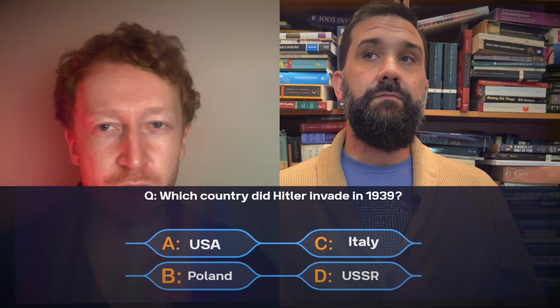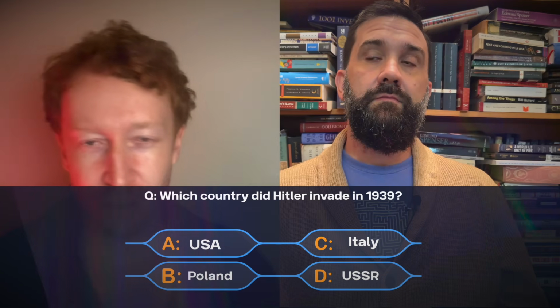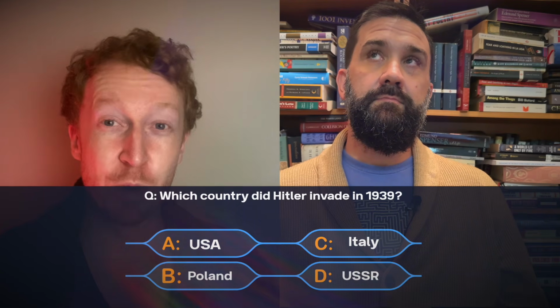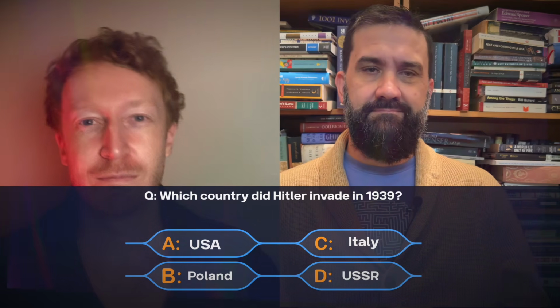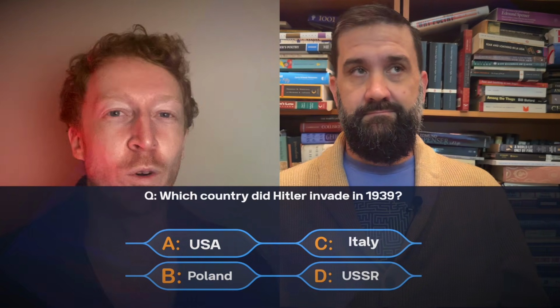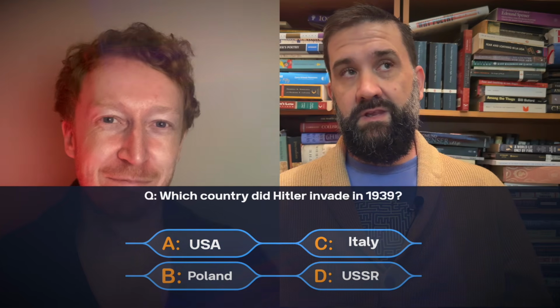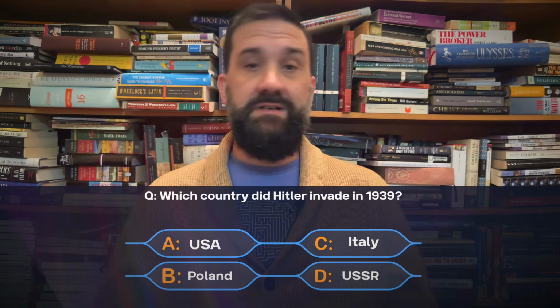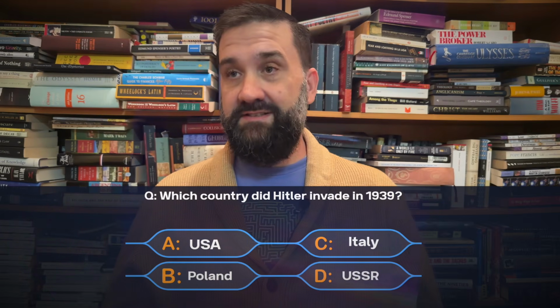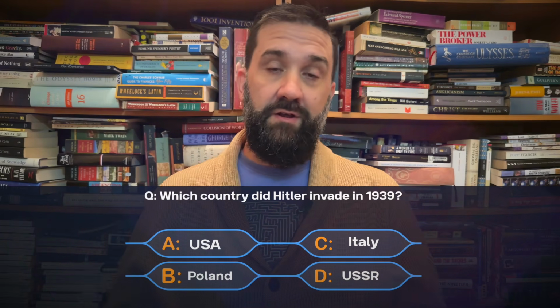So, next question. Which country did Hitler invade in 1939? The USA, Poland, Italy, or the USSR? Hitler did not invade the United States, because my grandfather alone would have whooped him.